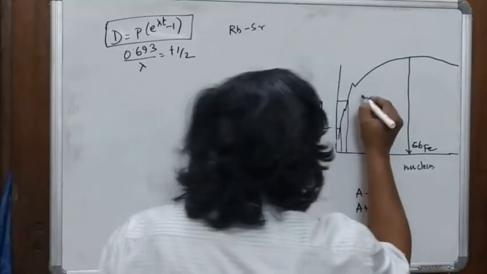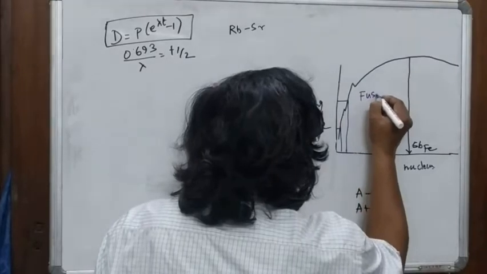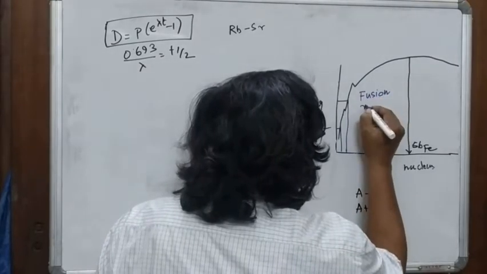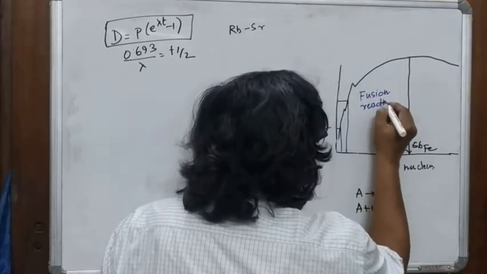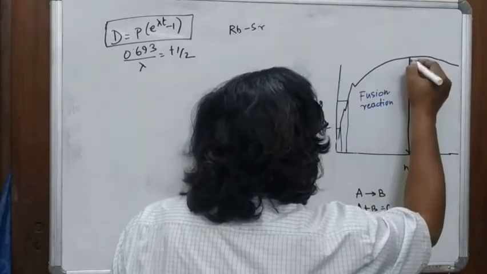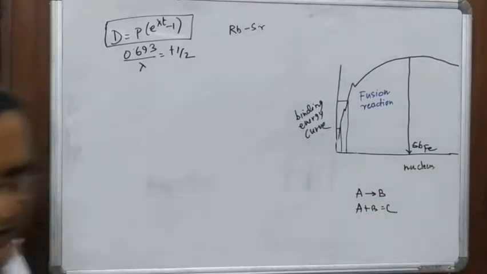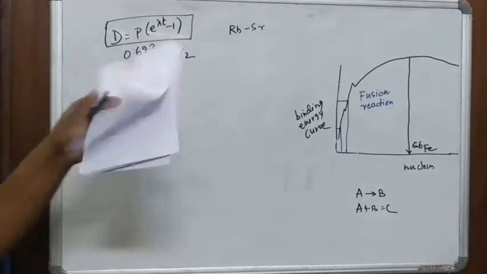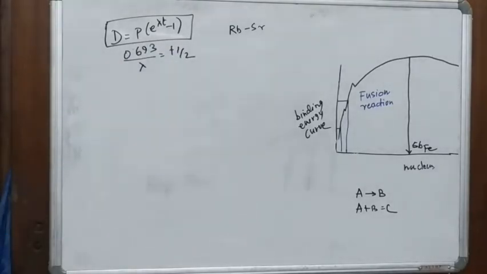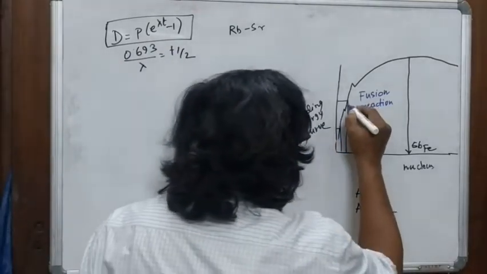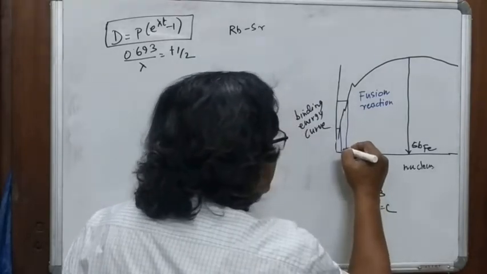So this is the area of what is called fusion reactions. This is where the fusion reactions occur. And the peak is at iron-56, which is the peak of the nuclear binding energy curve. In this region you can see the heavier nuclides are more stable than the lighter nuclides.